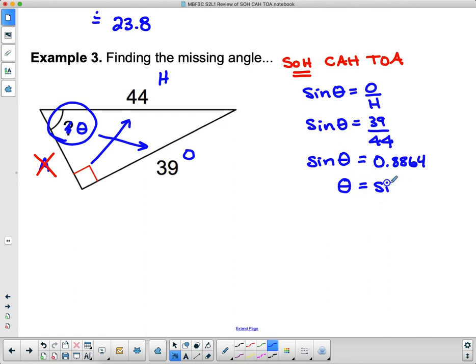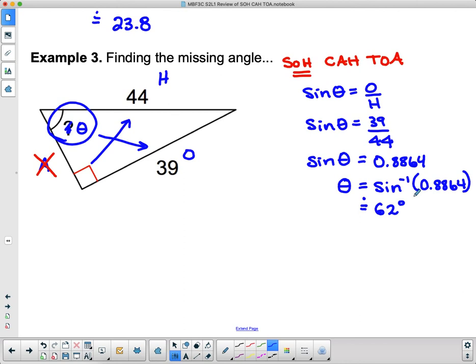So theta equals sine to the negative 1, also called the inverse sine, of 0.8864. And when you plug that into your calculator, you get approximately, it says 62.4. I'm going to round it to just 62 degrees in my final answer.